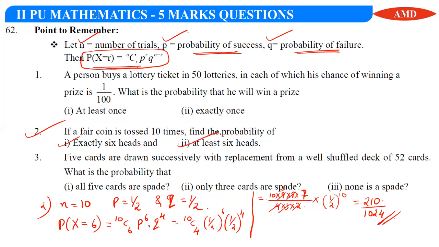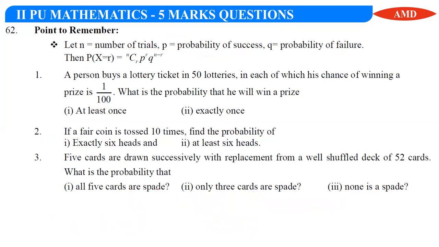Now next question here, at least 6 heads. So let me try the next question, to get the probability of getting at least 6 heads. So what is the meaning of getting at least? That means minimum 6 heads. You should not be less than 6. So the success must be greater than or equal to 6.